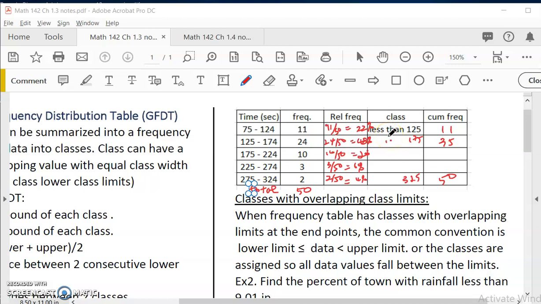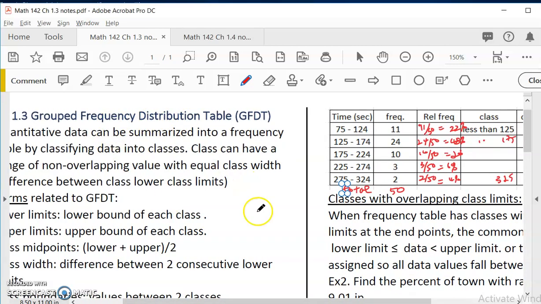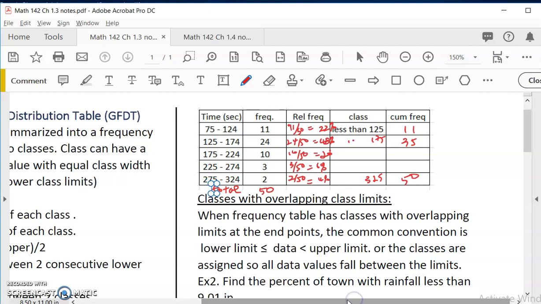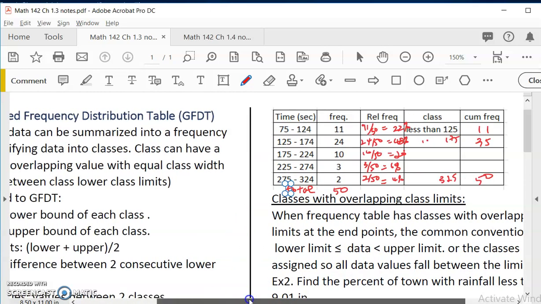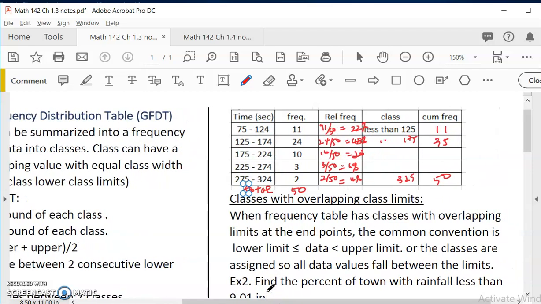We're continuing with the discussion on the grouped frequency distribution table that can be used to summarize a set of quantitative data into classes. Before we do that, in the last video we talked about two types of additional frequency table that we can do.